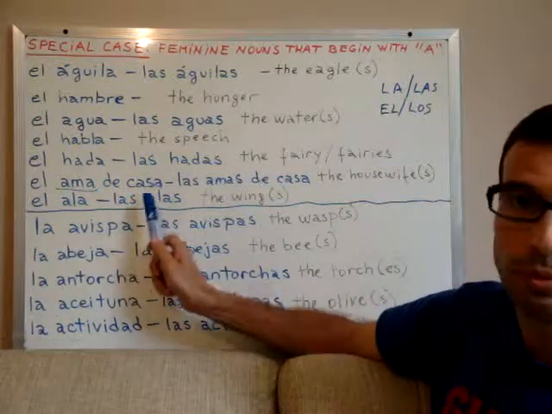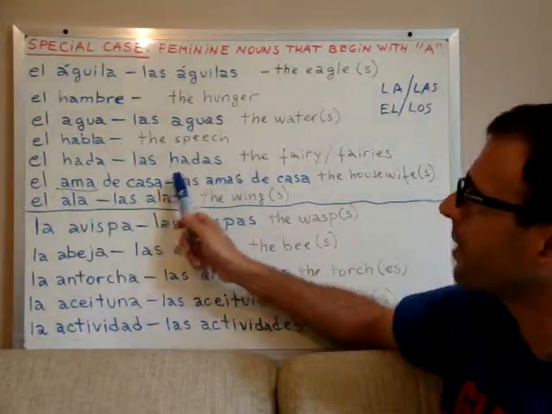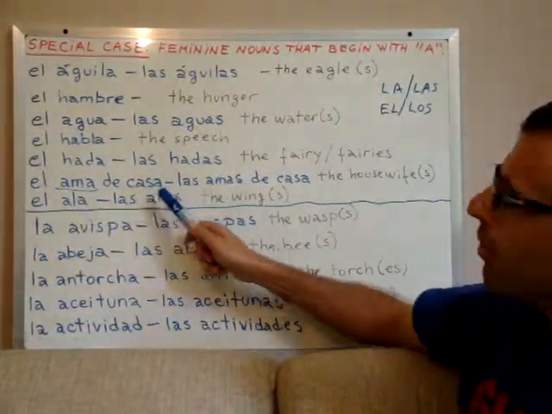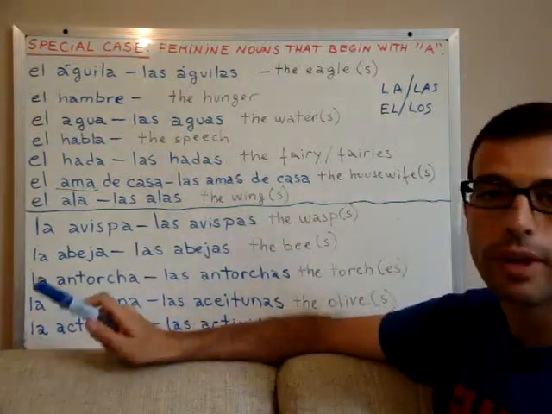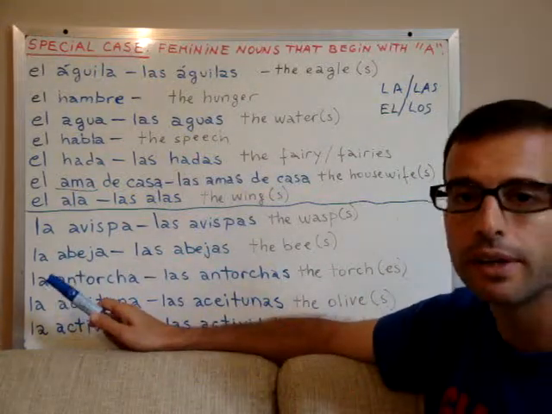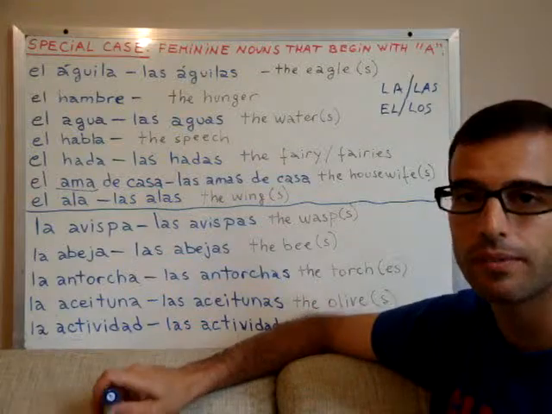Master of the house would be the word-by-word translation. So ama de casa means a housewife. El ama de casa or las amas de casa. And our last example is el ala for the wing or las alas for the wings, okay?